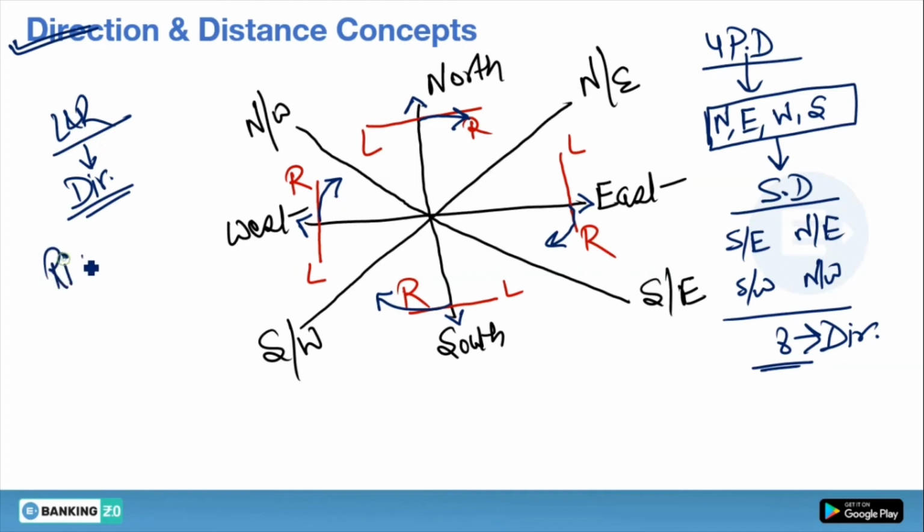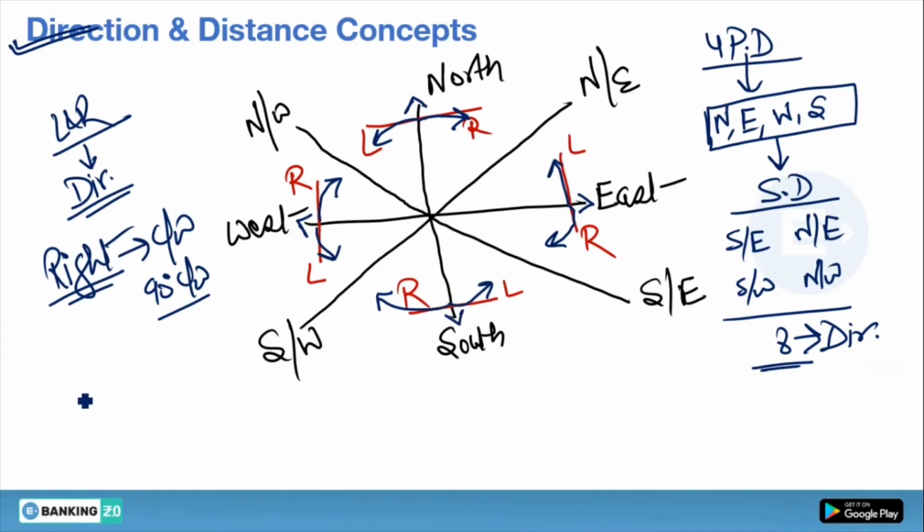So if we have to move to the right side, we move 90-degree clockwise. And left of every side is in the anti-clockwise direction, or 90-degree anti-clockwise.